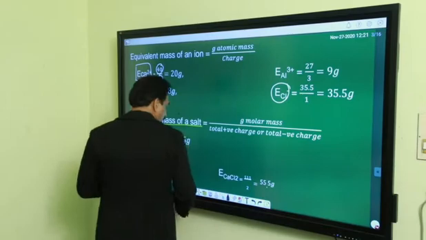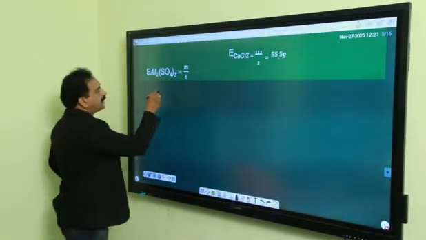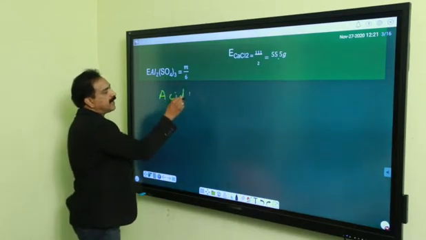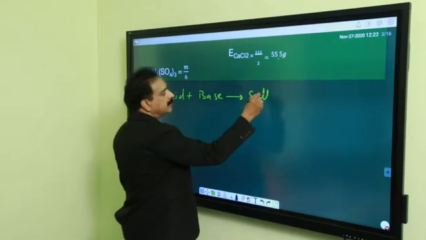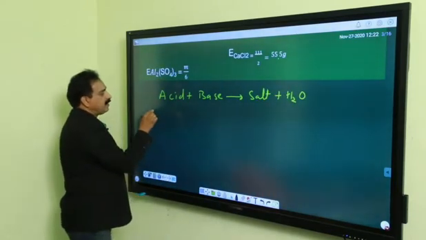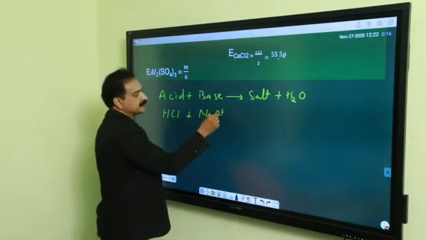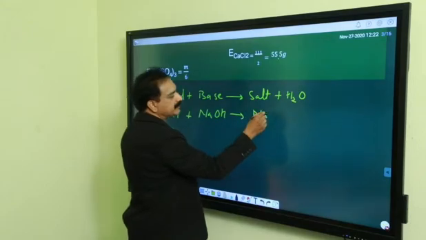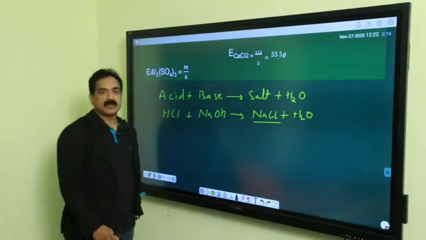A salt is formed when an acid reacts with a base. We get salt plus water. Like if we have HCl treated with NaOH, we get NaCl plus water. So NaCl is called a salt.